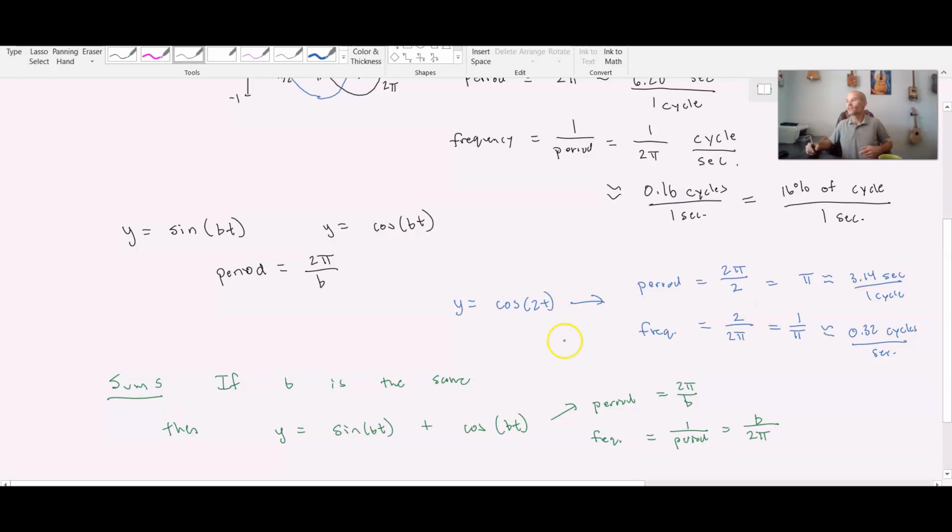And so nothing changes there. We don't have to worry about that. It's whenever these parameters change, if this were b and this were some other value, then that could affect our frequency and our period. But for all intents and purposes, that's all that we want to worry about here.